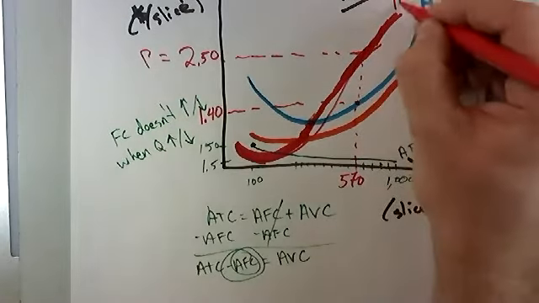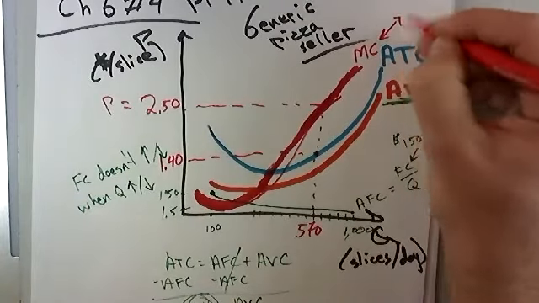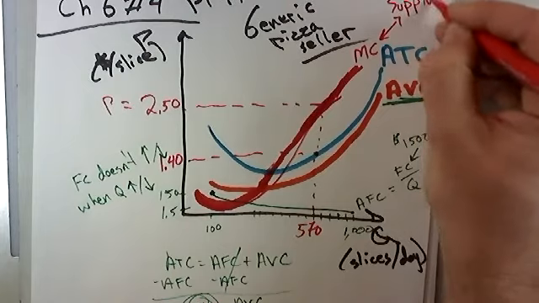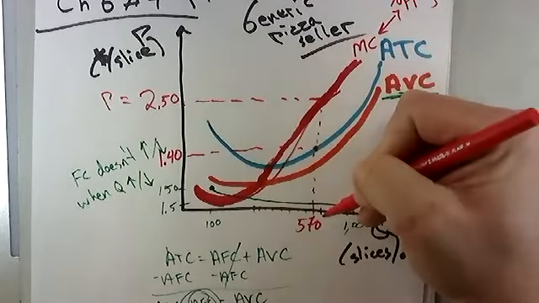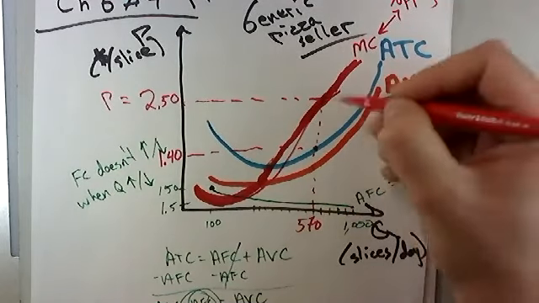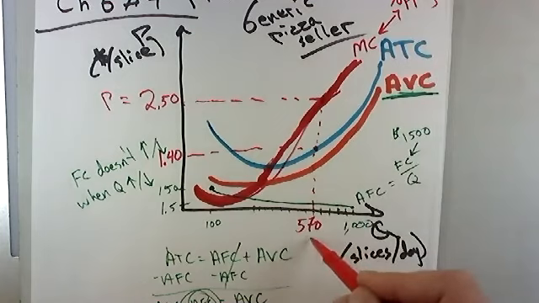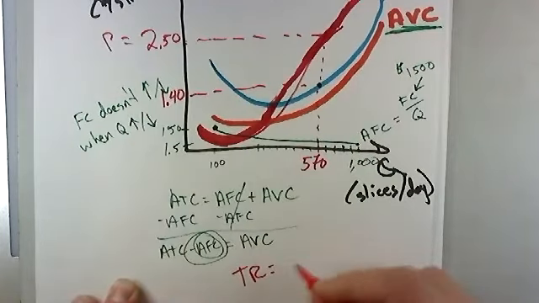We know from that exercise earlier that this marginal cost curve is the supply curve, so at a given price it tells us how much is produced. If this is how much we're selling and this is how much we're getting for it, then our total revenue is equal to 570 times 250.